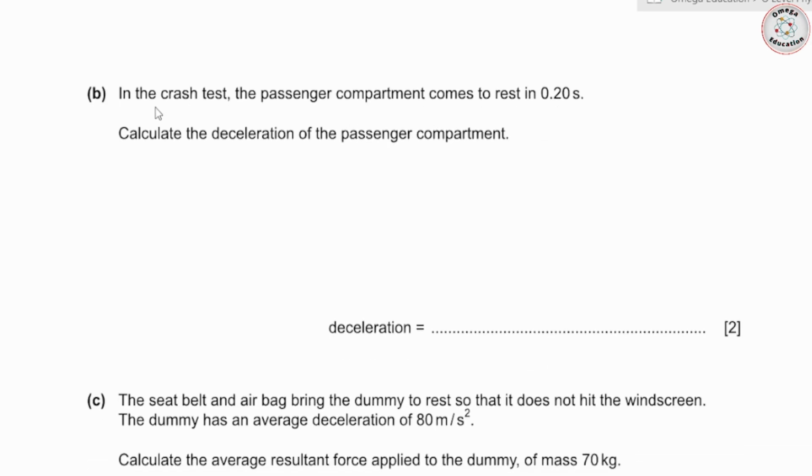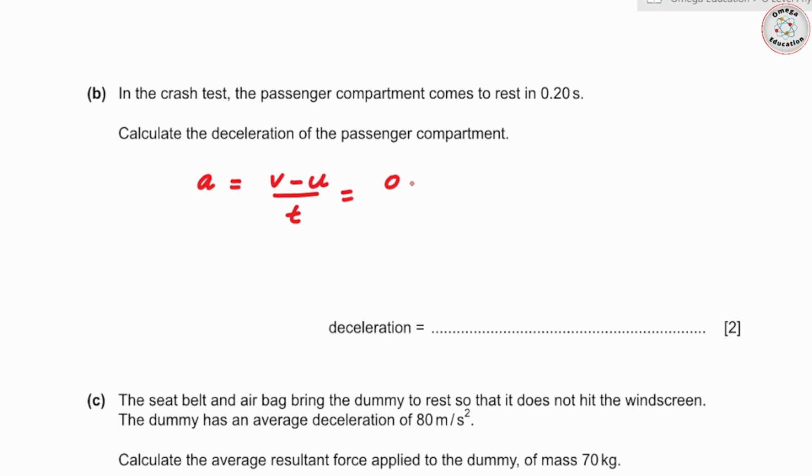In the crash test, the passenger compartment comes to a rest in 0.20 second. Calculate the deceleration of the passenger compartment. There are two different ways. For deceleration, just calculate the acceleration first. And the formula of acceleration is v minus u divided by t. The final velocity was 0.